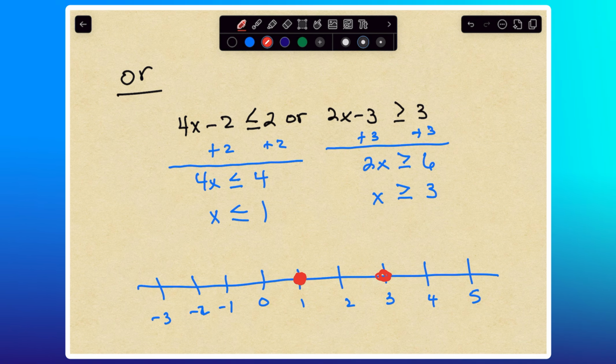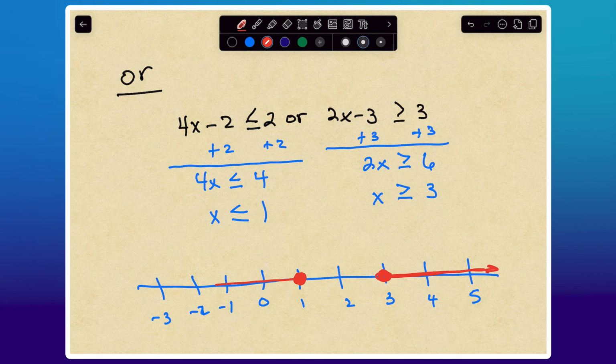I'm going to put a solid dot, because it's solid. Now, x is greater than 3, so it goes this way. There's 4, that's greater than 3, so this line draws this way. And this one says it's less than 1, so those lines go that way.